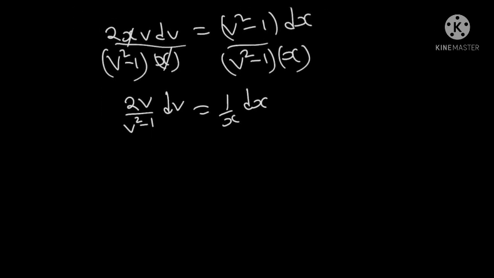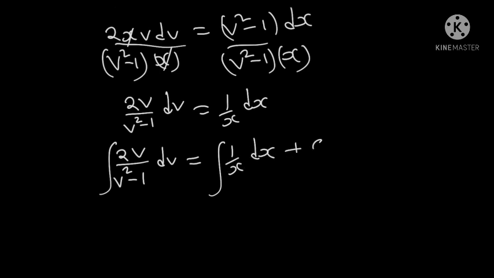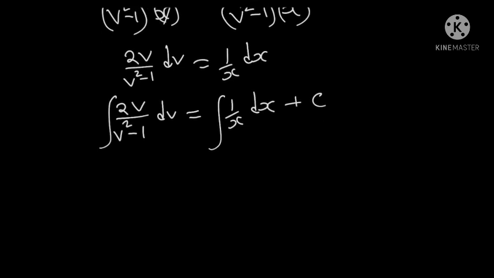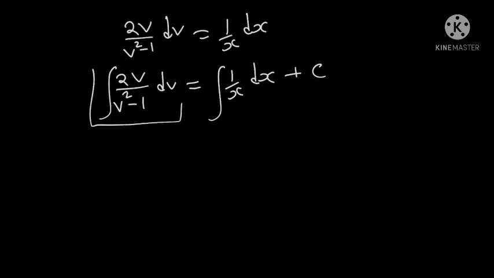Since we have been able to separate the variables, we can now integrate both sides to get the answer. So the integral of 2v over v squared minus 1 dv equals the integral of 1 over x dx plus, of course, the constant of integration. Now, for us to be able to integrate this part, we need to use u substitution. Let u be equal to v squared minus 1.